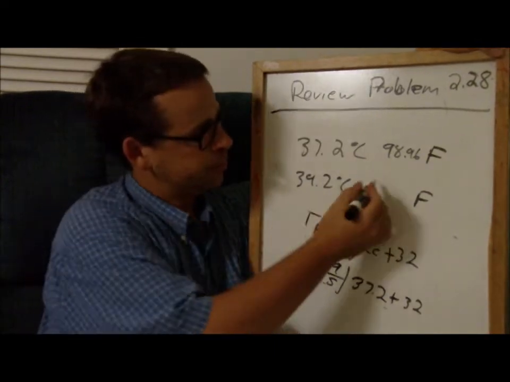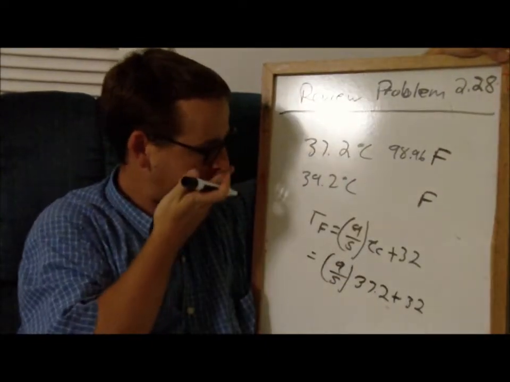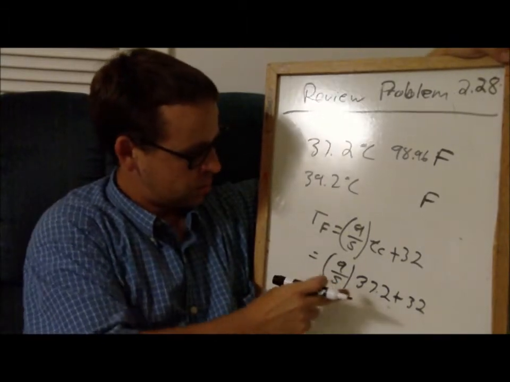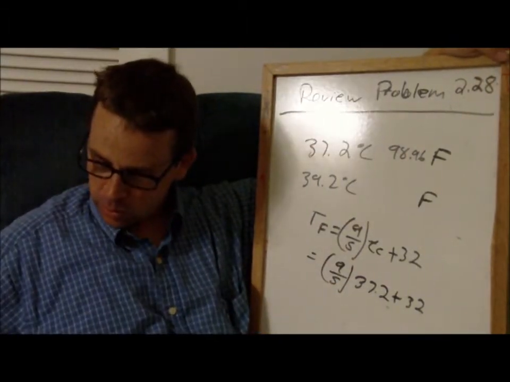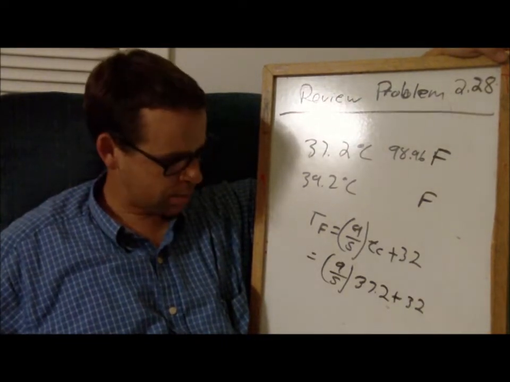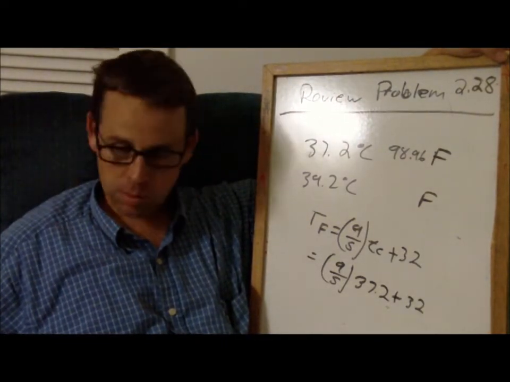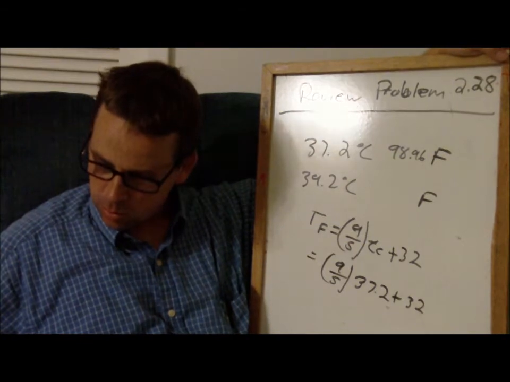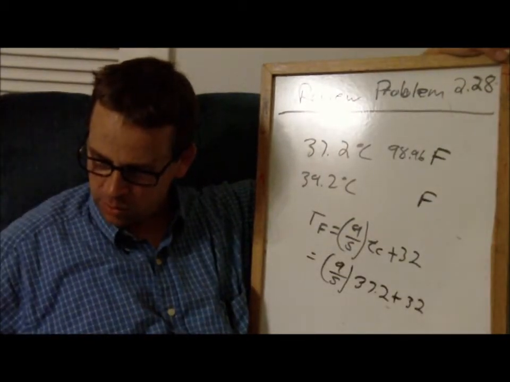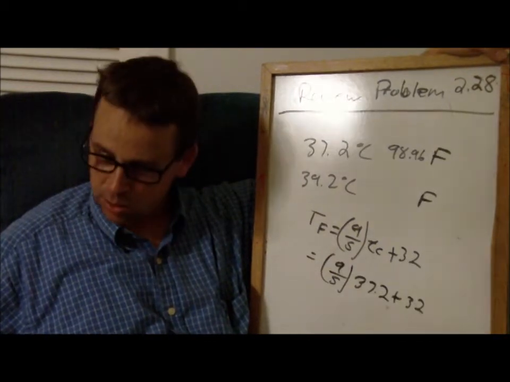Oh, what did we do wrong there? Let's try that again. 39.2 times 9 equals, divided by 5 equals, plus 32.